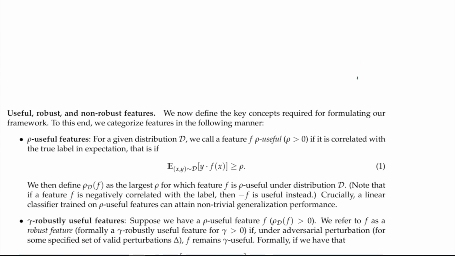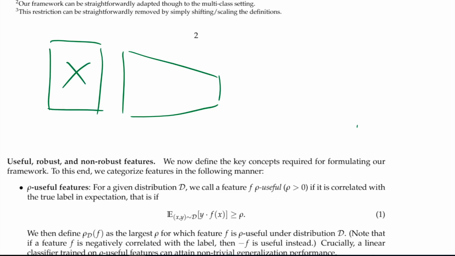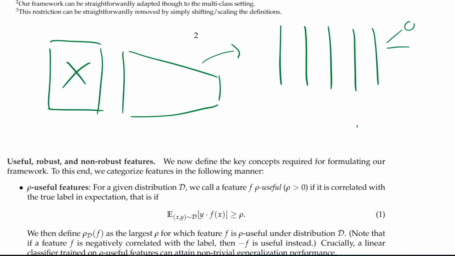Here, whenever we talk of a feature, remember we had our classifier here, and we input an image, and the image is called X, right? And that classifier, usually, if we look at it closer, consists of multiple layers of interconnected neurons, and the last layer will be an output layer into different classes, right?